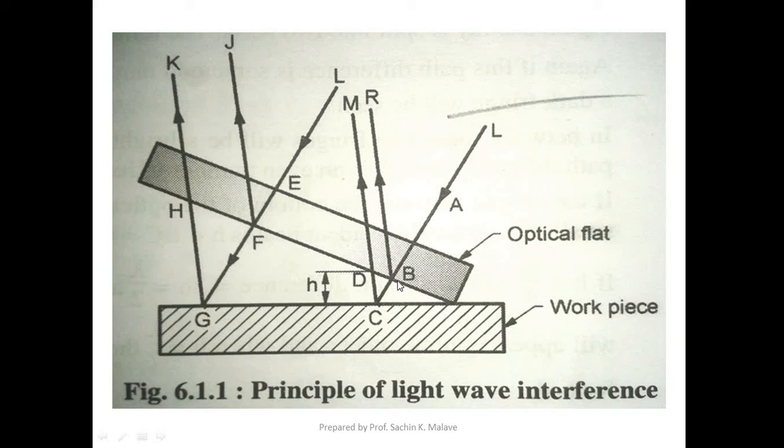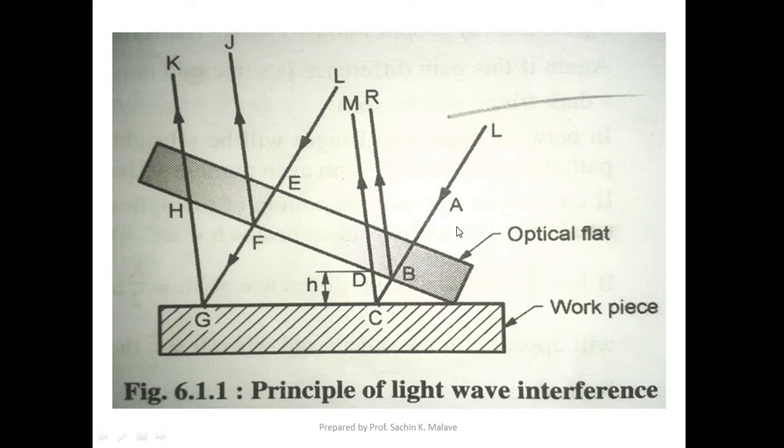One part will reflect from point B itself in the upward direction, like BR. A part of the incident ray will still propagate and hit the workpiece at point C, and it will reflect from that point like CDM.